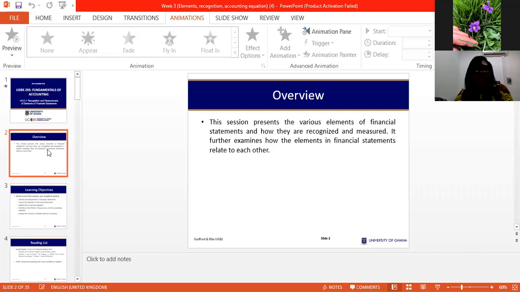Now, if I may ask, what is a financial statement, or who can help us with that? What is a financial statement? At least if you cannot define, you can describe. What is a financial statement?